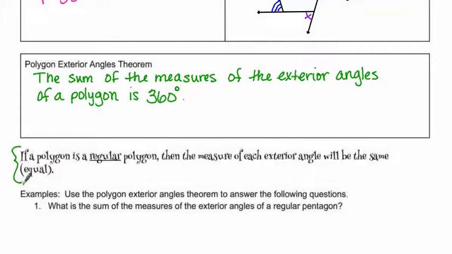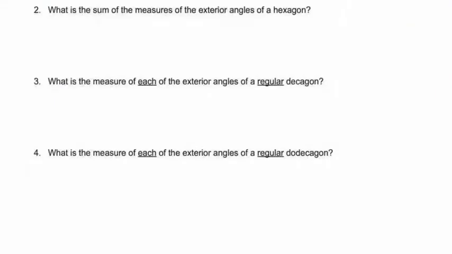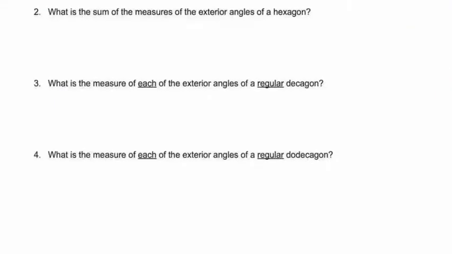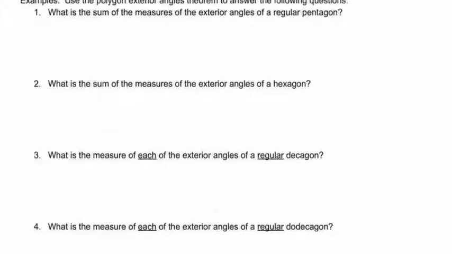So in number 1, what is the sum of the measures of the exterior angles? I just zinged right past that, didn't I? What is the sum of the measures of the exterior angles of a regular pentagon? The sum. So when I'm asked for the sum of the exterior angles, it's 360 degrees.